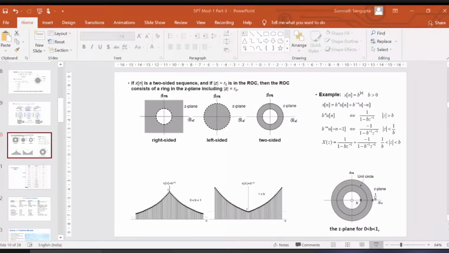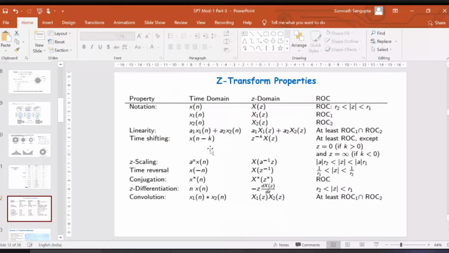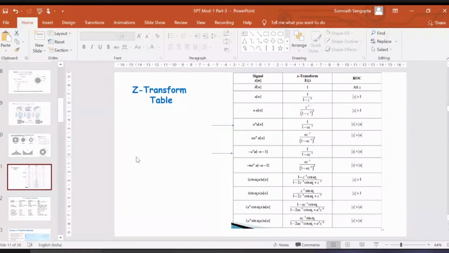Huh? Slide number 10 is visible, sir. Slide is not changing. Yes, sir, it is at slide number 10 only. Okay, now it is changing. Yes, sir.